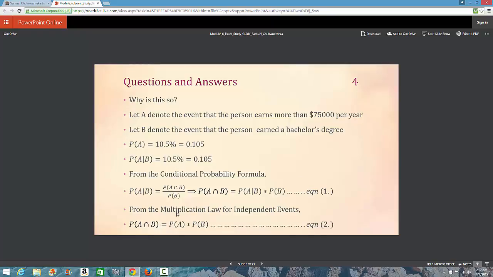Then we also have from the multiplication law for independent events that the probability of A and B is the probability of A times the probability of B.